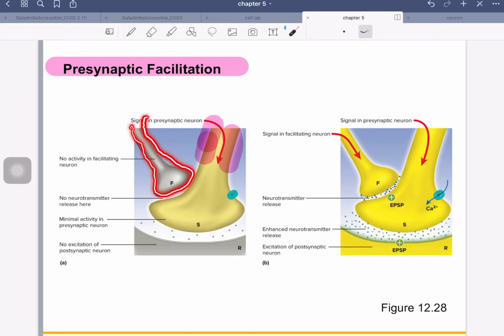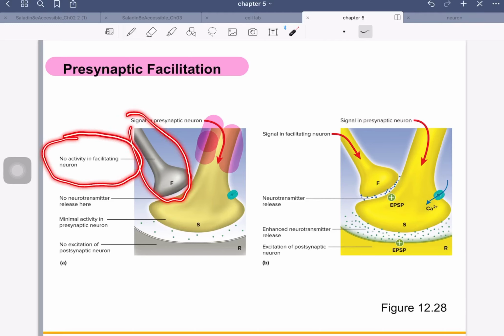Some of them actually come in and interact with the axon. And in this case, this one is designed to facilitate the firing. And if this neuron does not fire, there's no activity in the facilitating neuron.